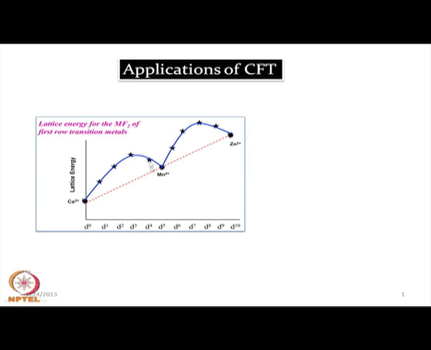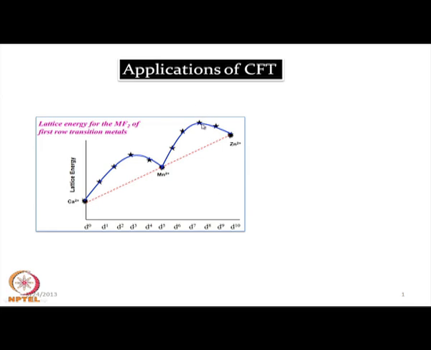After d3, when we go to d4, one electron is going to the eg level, so it contributes a smaller amount to the lattice energy compared to the d3 configuration. That is why it is less, and d5 is further less than the d4 configuration.